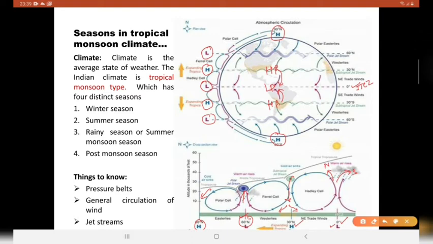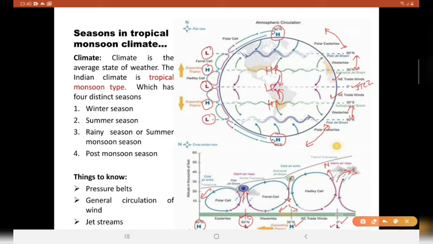In both of these hemispheres, the wind is moving towards the equator from subtropical high pressure belts, leading to trade winds such as northeast trade wind in the northern hemisphere and southeast trade wind in the southern hemisphere. Similarly, you can see the westerlies between 30 to 60-degree latitude in both hemispheres, and polar easterlies between the poles and 60-degree latitude.